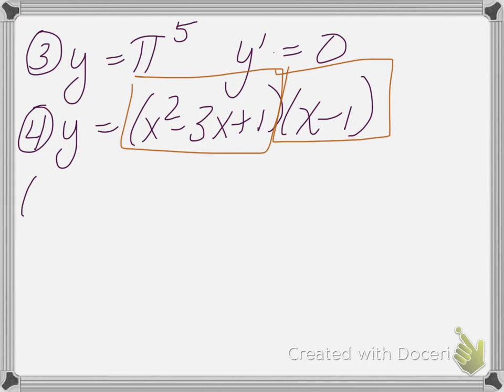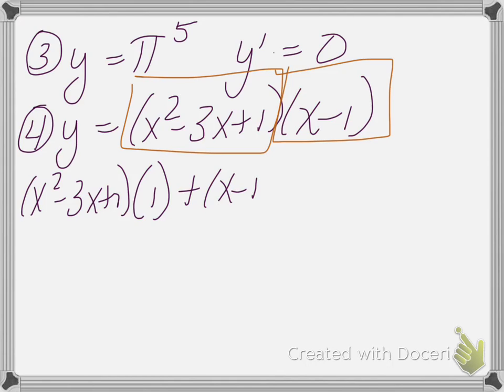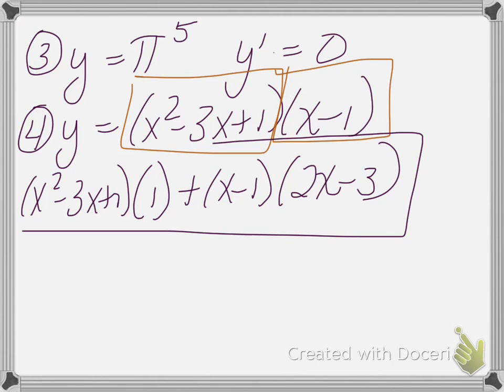So it's going to be the first times the derivative of the second, which is just 1. And you don't even have to write that 1 if you don't want. Plus the second times the derivative of the first. Okay, and that was it for that one. Okay, number 5.